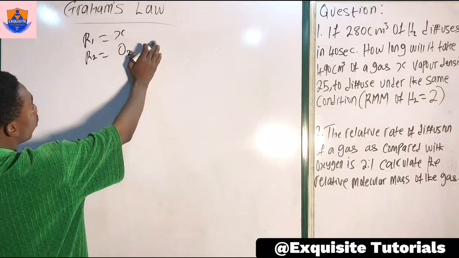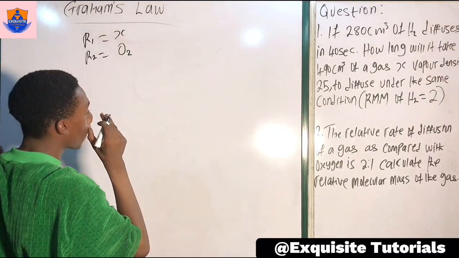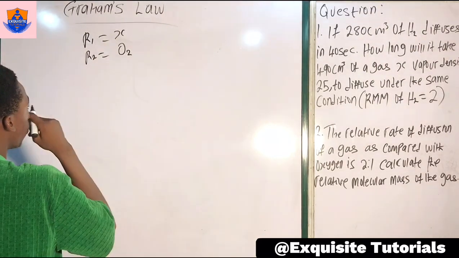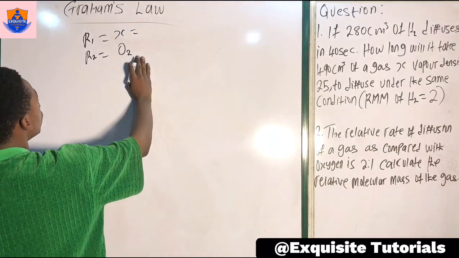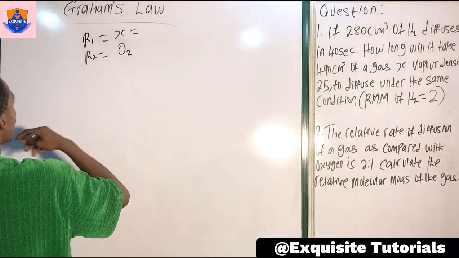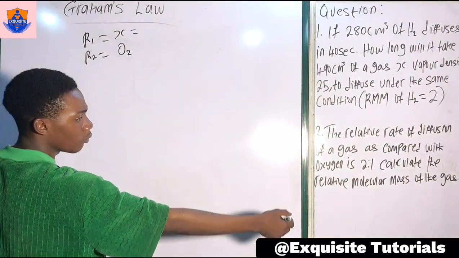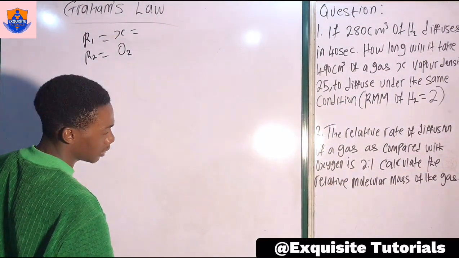So comparing the rate of the gas to O2 is 2:1. Okay, let's continue. Calculate the relative molecular mass of the gas.